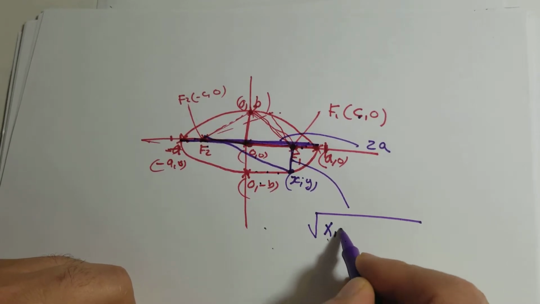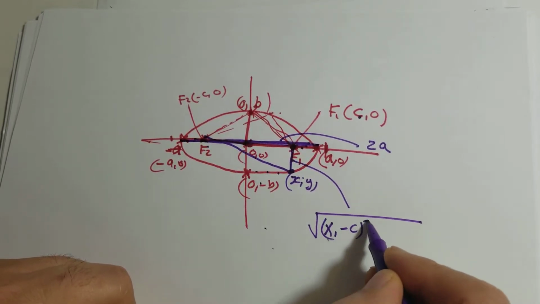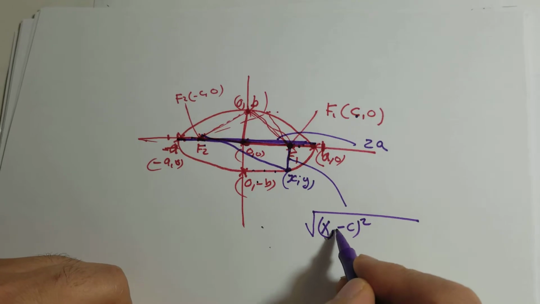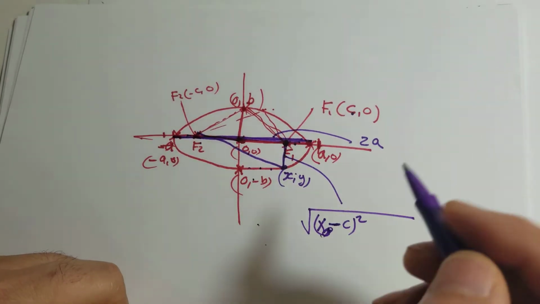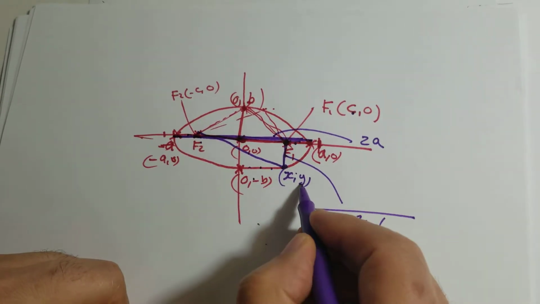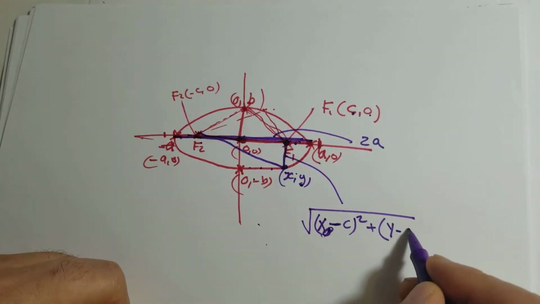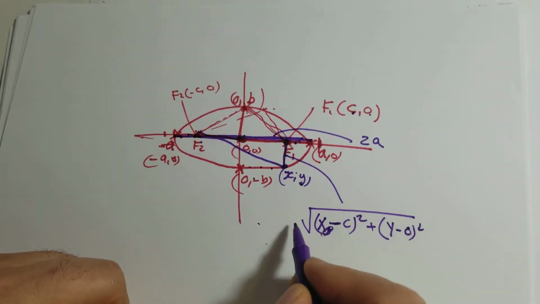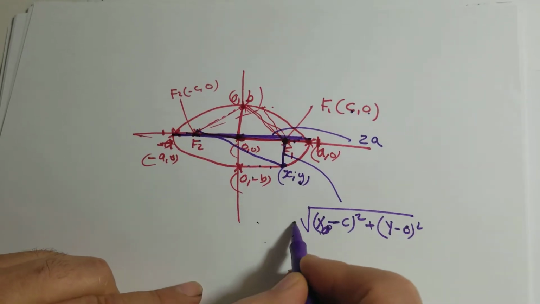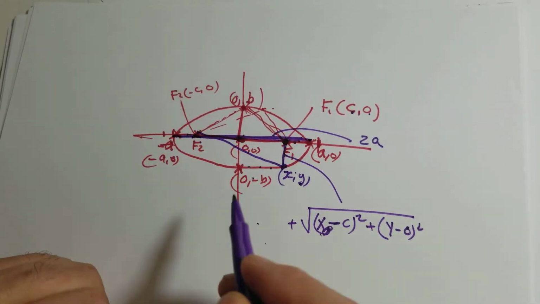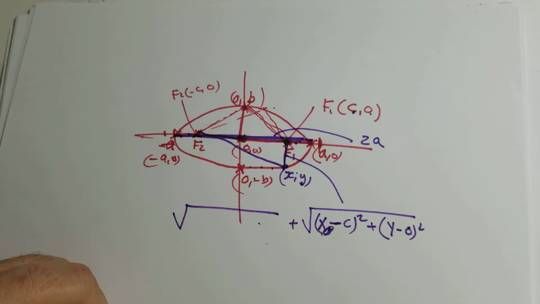X2 minus X1 squared, that's X minus C squared, plus Y2 minus Y1, which is 0. That distance plus that distance. And what is that distance?